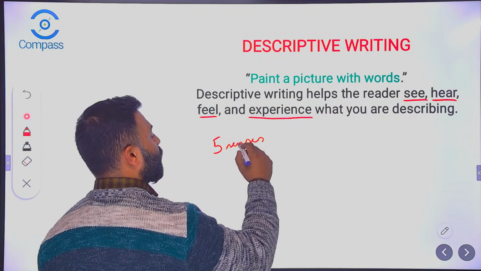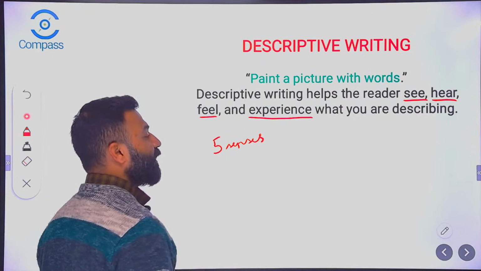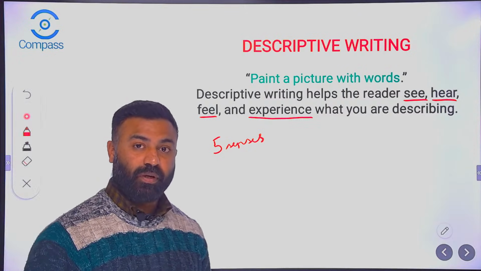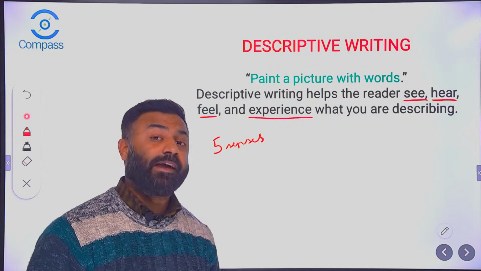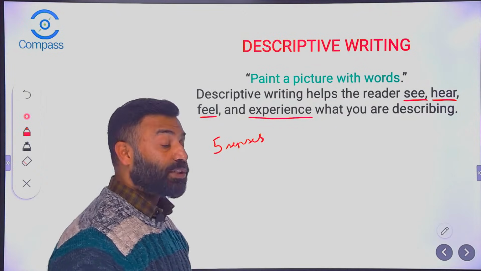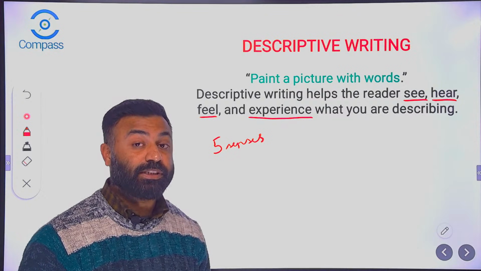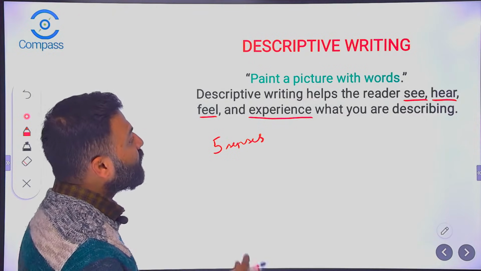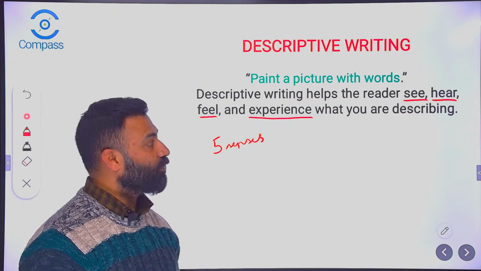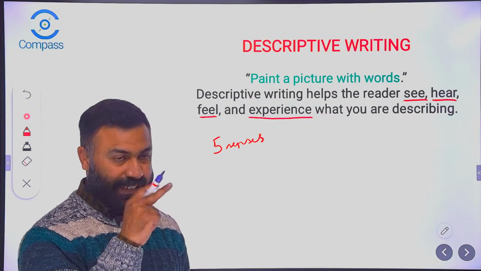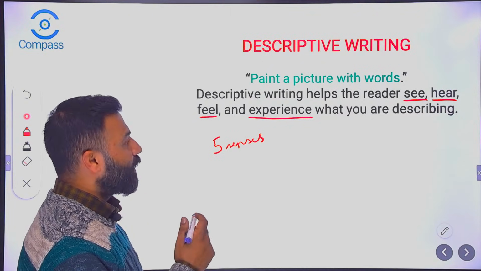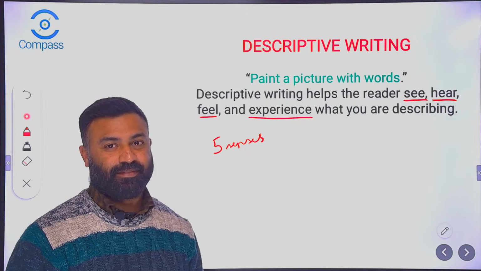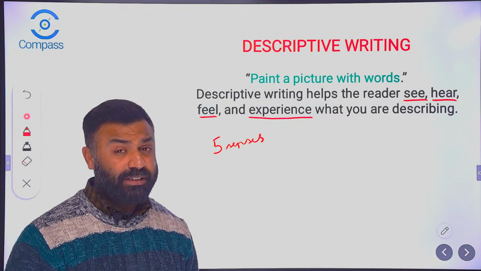Not necessarily every time, that's not a hard and fast rule, but you should engage your five senses if you can. We start with the first sense, that is sight. See, hear, feel, experience, and one more, taste. These are the five senses.